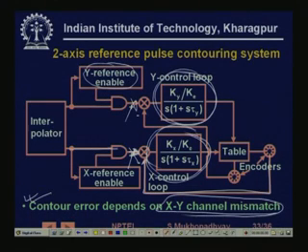This is one of the reasons why NC machine controls are so expensive: the channels have to be very carefully matched, because your interpolation will assume equal response characteristics on the x and y axes, and if they are not matched, they are going to create contour errors. So firstly, these loops have to be very high gain, and secondly they have to be closely matched. We are not going into the analysis of that.